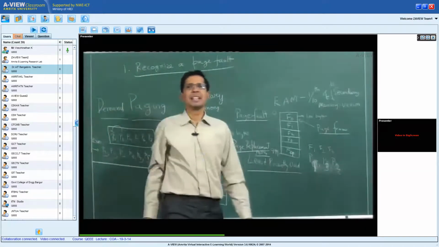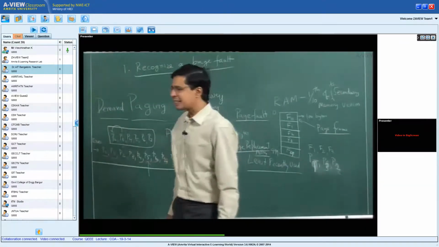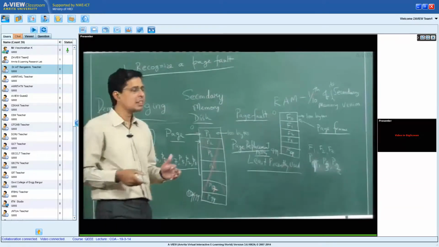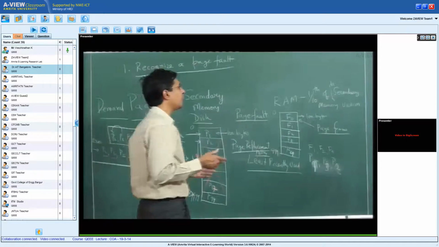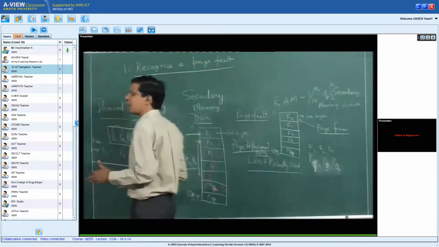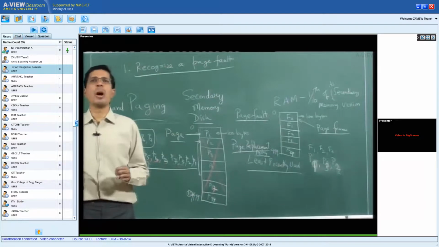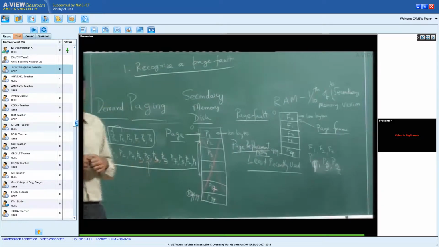In some sense, I have to go and recognize that that page is not in memory. Right, when I started, P2 was not in memory. How will the architecture or the CPU know that the particular page is not in memory? So in essence, I have to go and recognize the existence of a page fault. So that is point number 1.